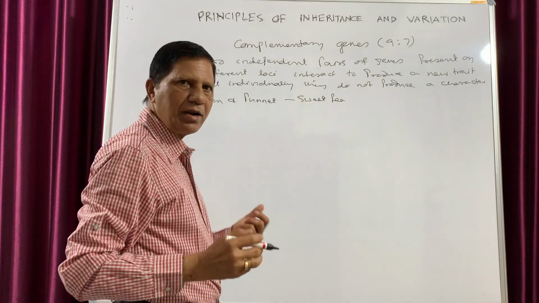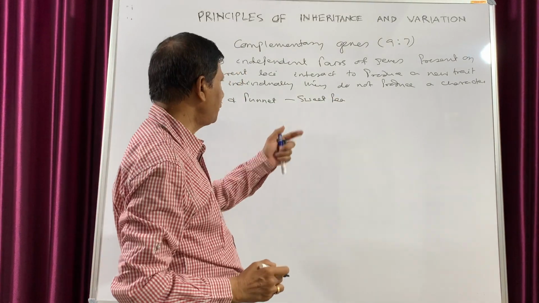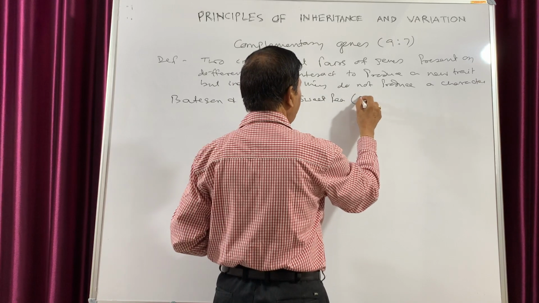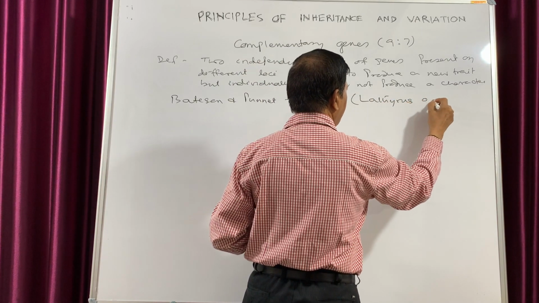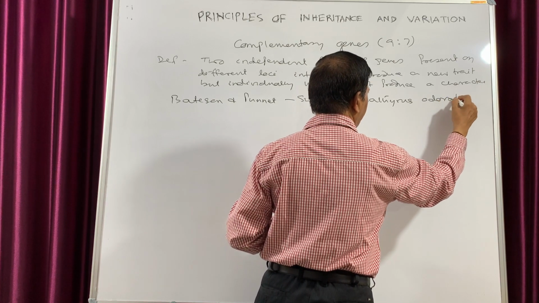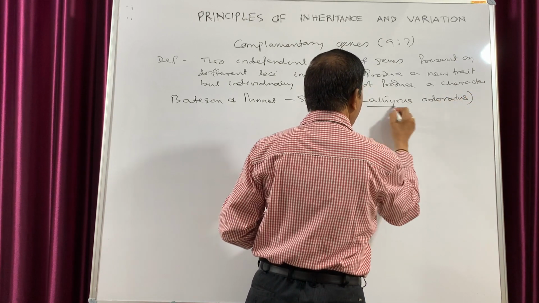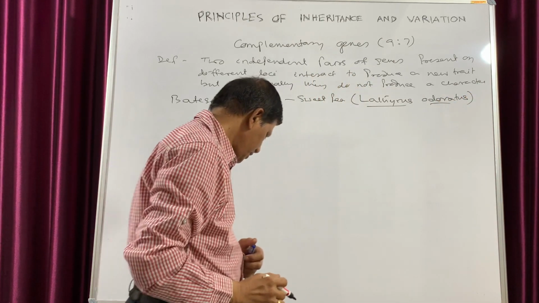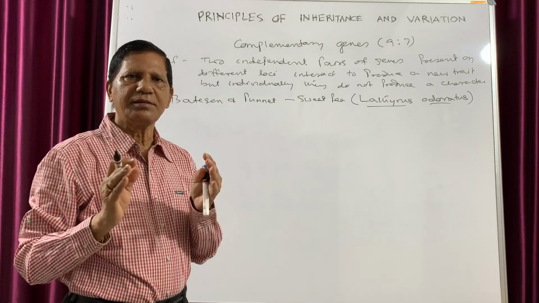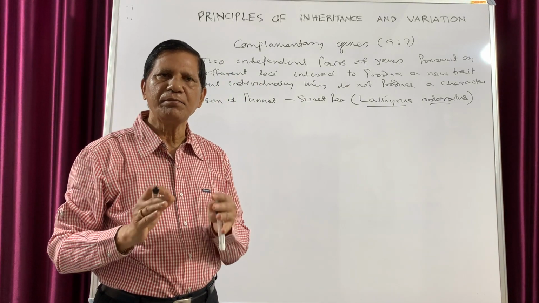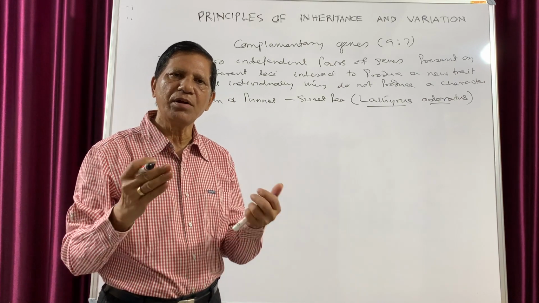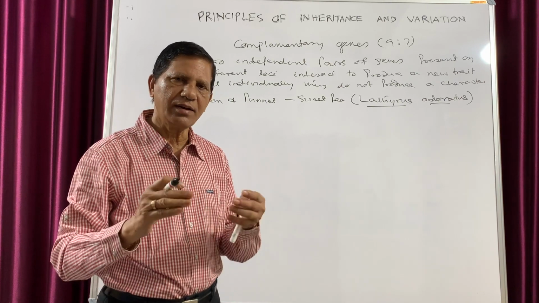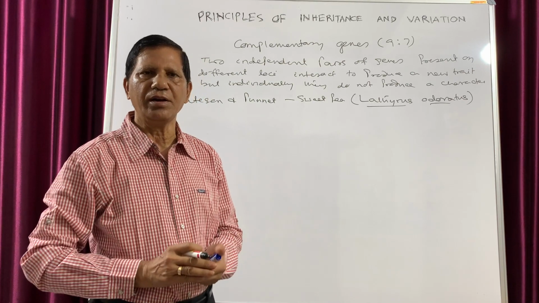Mendel worked on garden pea, Pisum sativum, but sweet pea is Lathyrus odoratus. So in this Lathyrus odoratus, he found that there are some flowers which are white, while there are some plants which are completely purple in color.